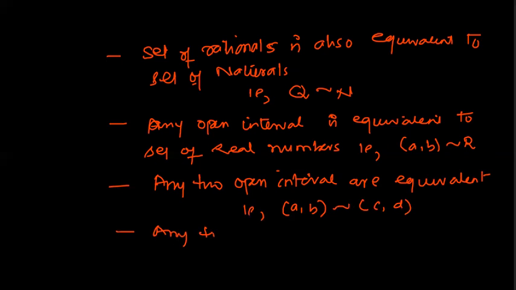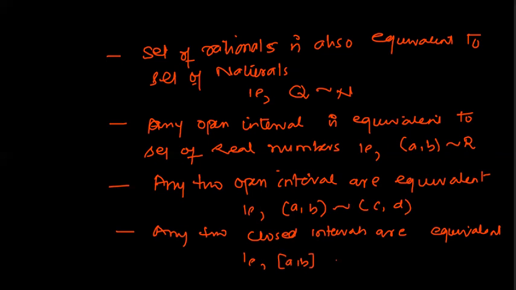Any two closed intervals are equivalent, that is, [a,b] is equivalent to [c,d]. Also (-1,1) is equivalent to R. These are the examples of equivalent sets.